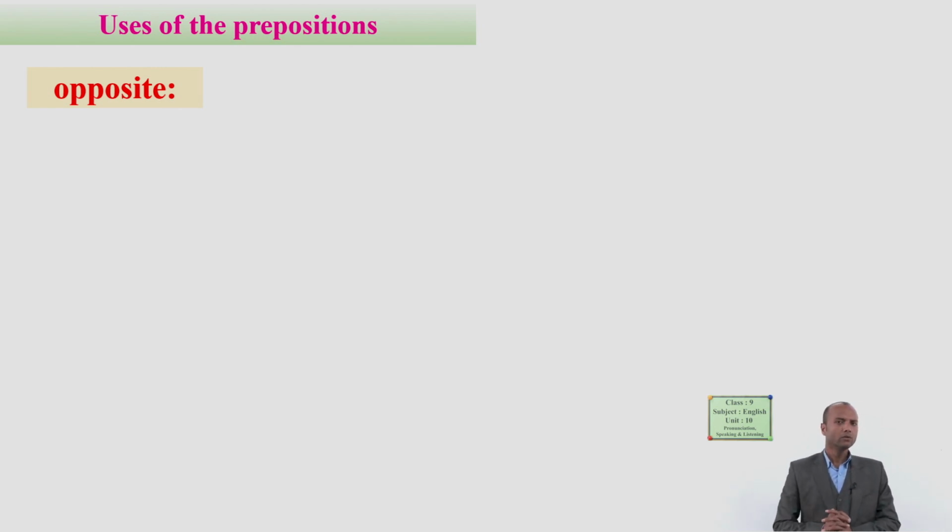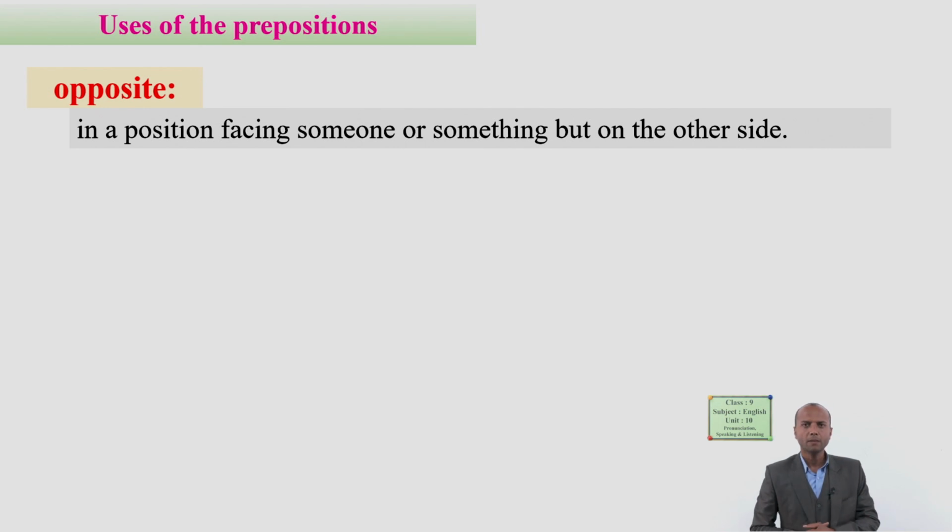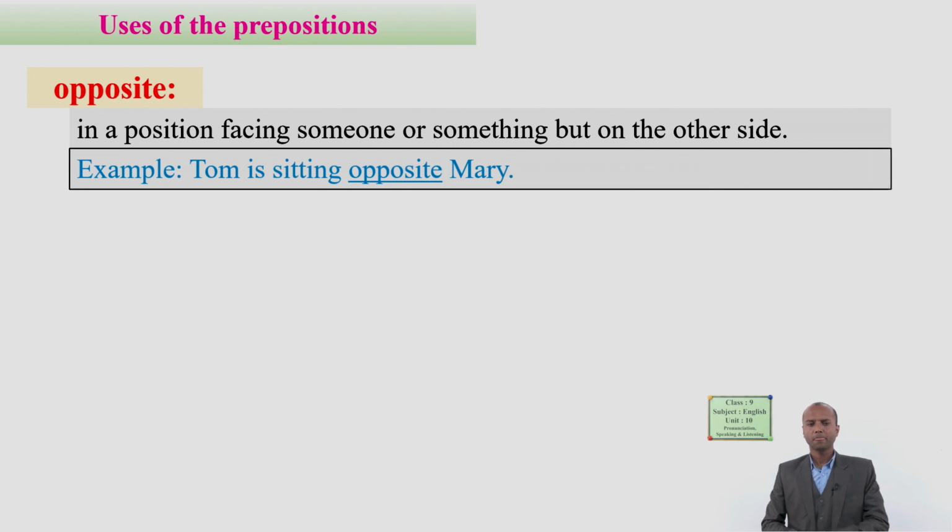Opposite. Do you know when we can use opposite? Yes, when two things face each other. Okay, two things, two people facing each other. Okay, but they must be on either sides. So look at the example here. Tom is sitting opposite Mary. Where is the picture then?